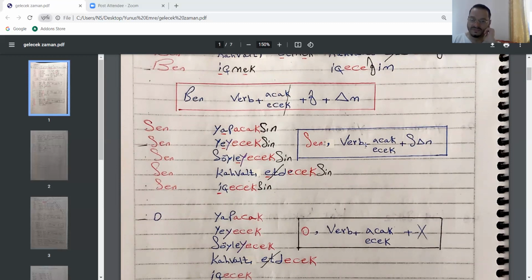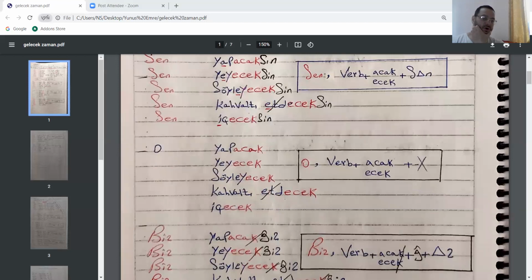So it will be verb, acak, ecek, plus s delta n. Yapacaksın, yiyeceksin, the same situation here between these two vowel letters. Söyleyeceksin, kahvaltı edeceksin, not edeceksin, because here I have a vowel letter, içeceksin.